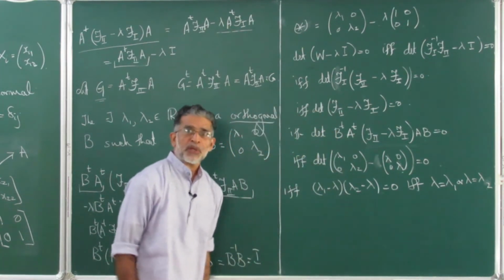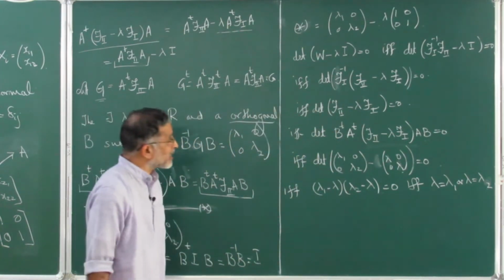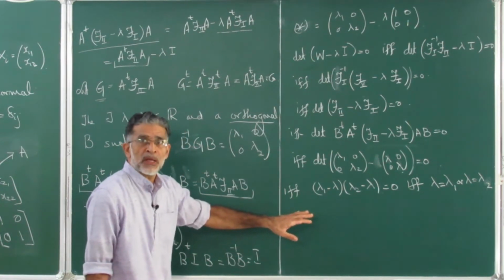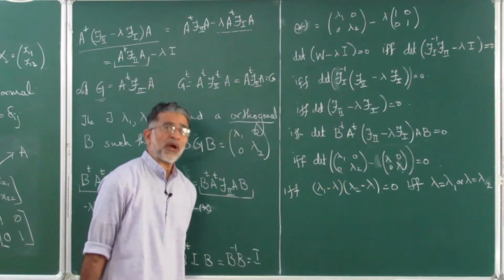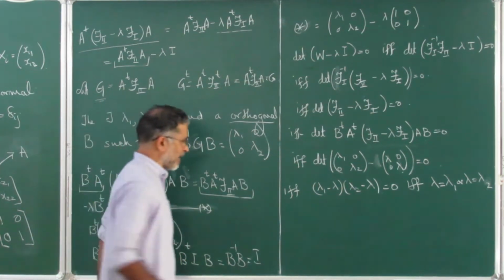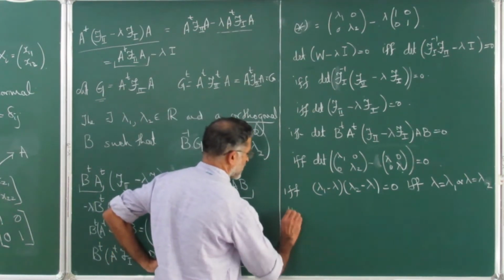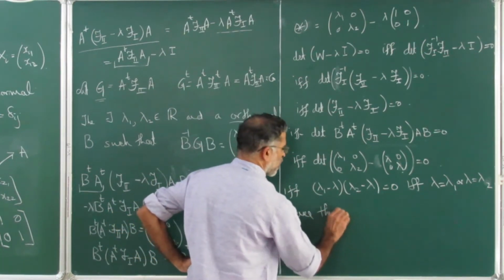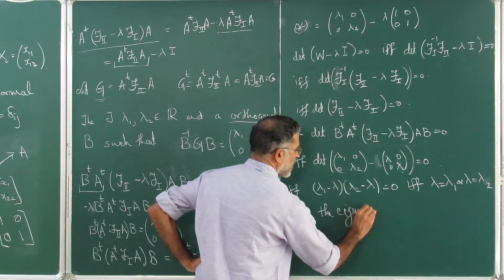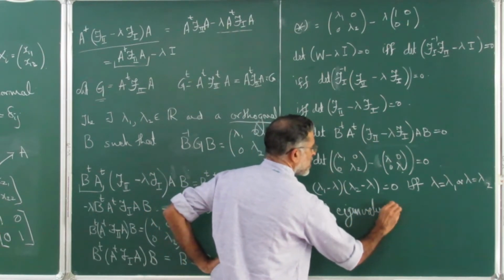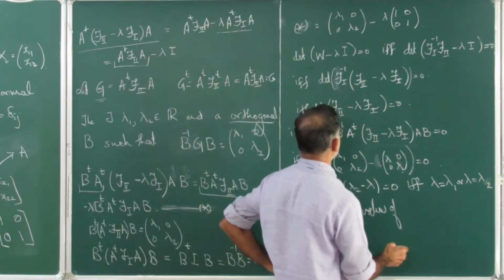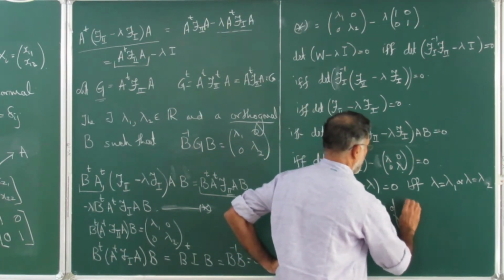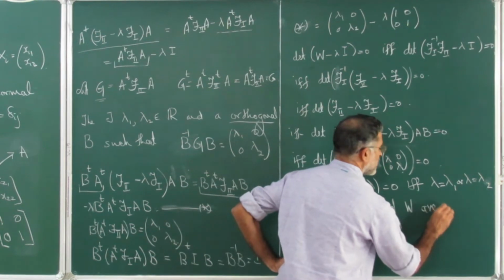It's a small trick, because we are not solving the eigenvalue problem of W, but something similar to that. Okay. Now, hence the first thing that we established is that the eigenvalues of W are real.